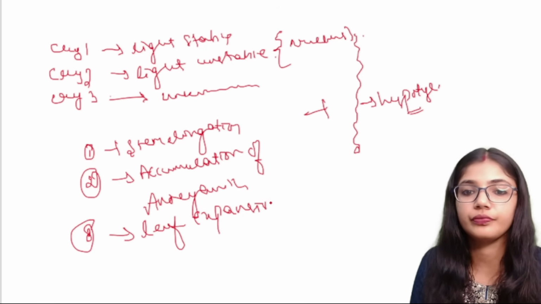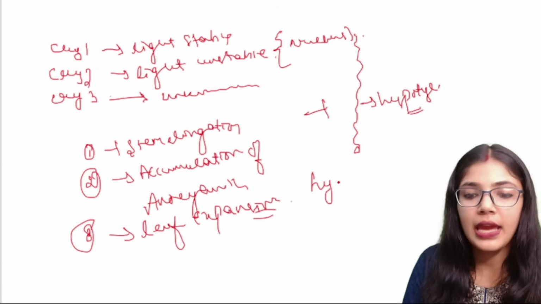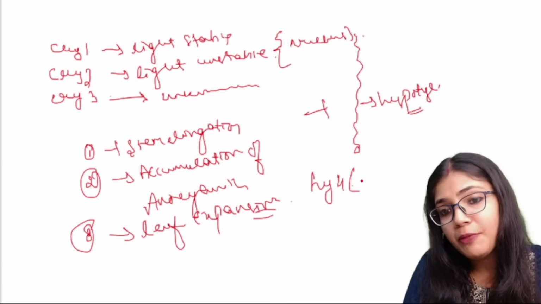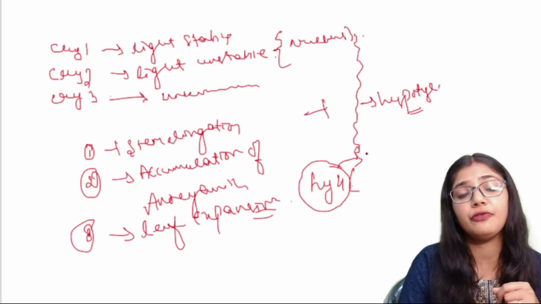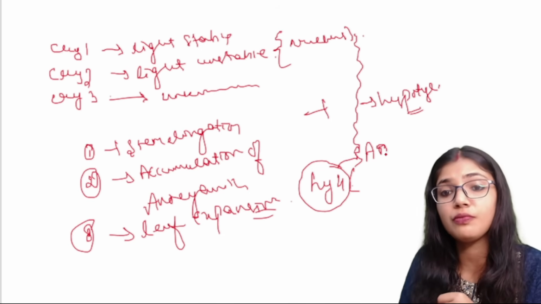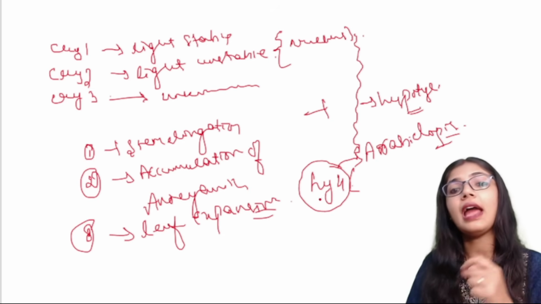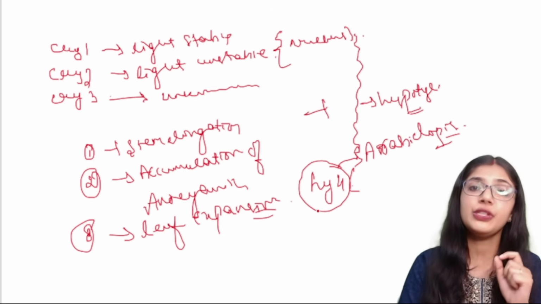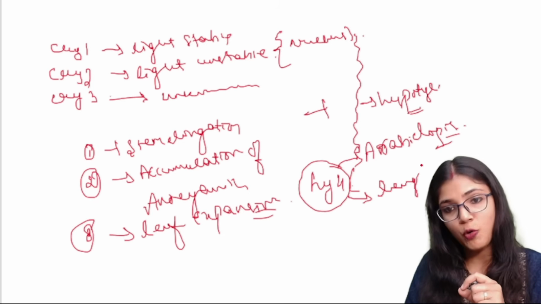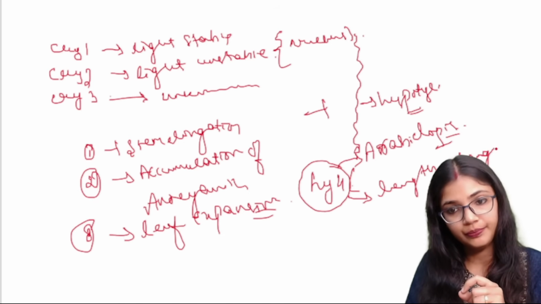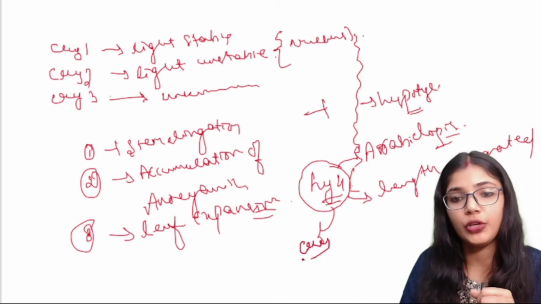There was a protein known as HY4, first identified in the model plant Arabidopsis. When this HY4 protein was mutated, it was observed that the length of the hypocotyl was elongated. Later, HY4 was named the Cry protein.